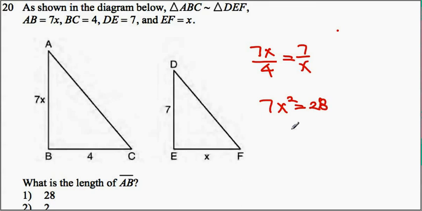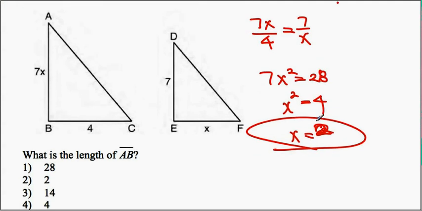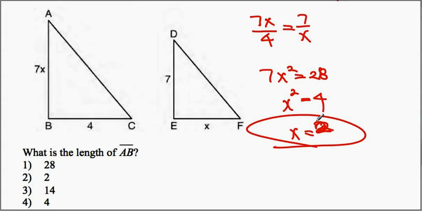When we divide by 7, x squared must be equal to 4, where x must be equal to 2. That's what we end up getting. Then AB must be 14, since x equals 2.